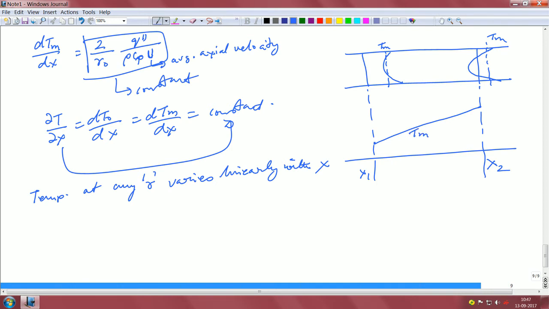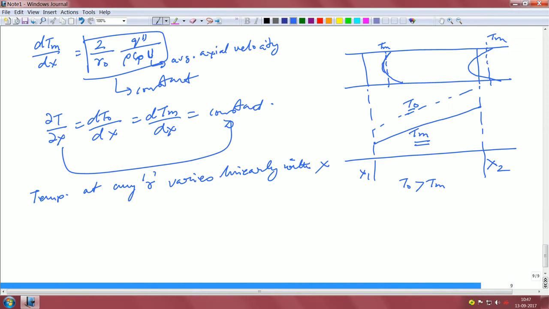The wall temperature, as you can see from that, is also going to go up, again linearly, and the slope is the same, right. So, both are linear. The wall temperature goes up linearly, the mean temperature also goes up linearly. Now, as you can see, T0 is definitely more than Tm, because that is the wall. The wall is the maximum temperature over here, so it will naturally be more than the mean temperature, because of the curvature.